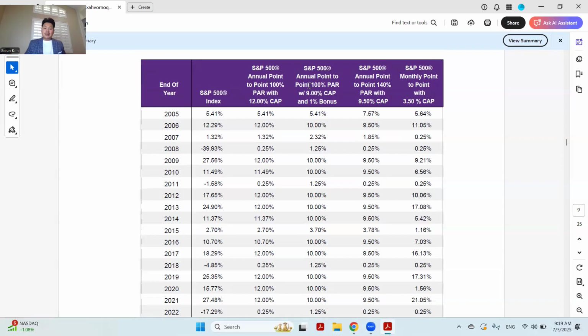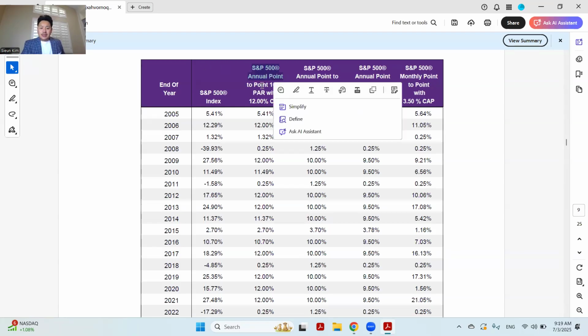If the market does badly, client doesn't lose any money because their money is not directly in the stock market. So that is the easiest way to explain to your clients if they ask, it sounds too good to be true. When other people are losing money, why wouldn't I lose money in an IUL? It's because it's fixed. It's in a separate account that is fixed.